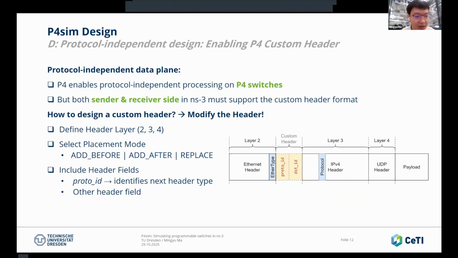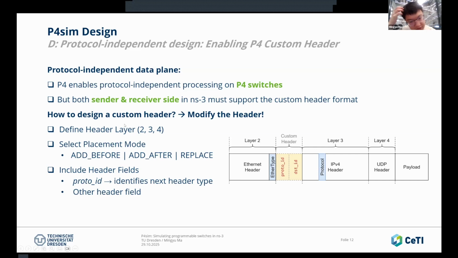After that, I will talk about the protocol independent design part in ns-3. Currently, we have the switch with the protocol independent design. We also need the host in ns-3, like the sender or receiver, to support the custom header format, because we need to send some traffic to test the switch.